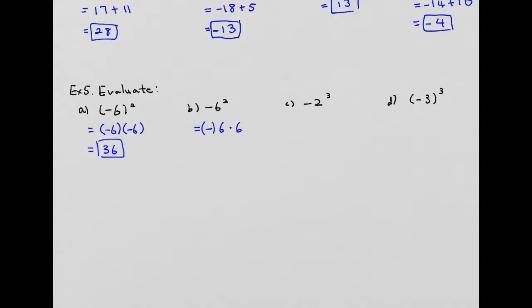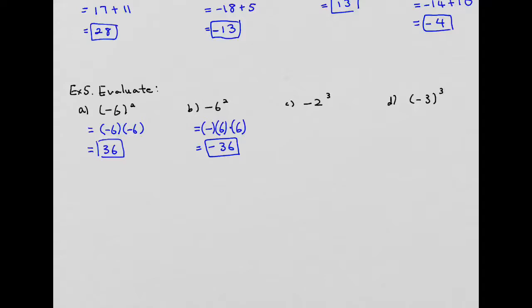Negative is negative by itself, and they're asking you to do 6 times 6. So this means negative 36. And this is very important. So whenever you see exponents without the parenthesis, do not square the signs. That goes same thing with the cubic or any power that's higher.